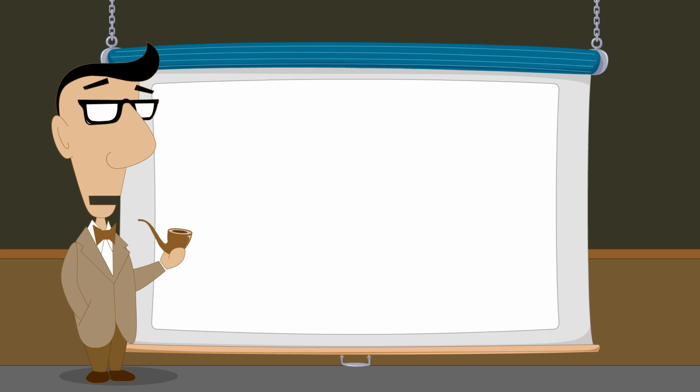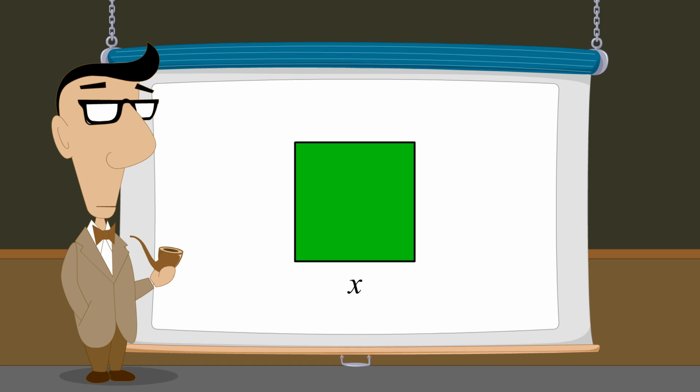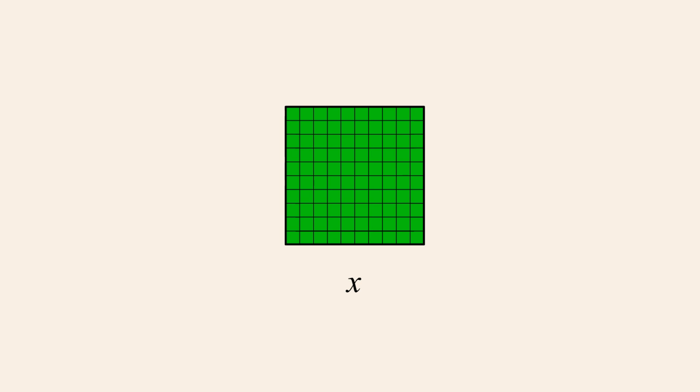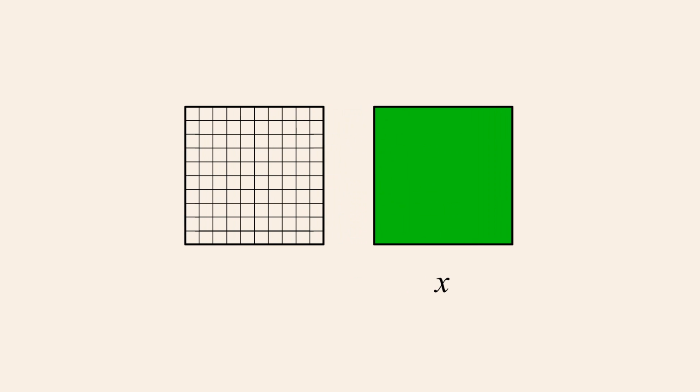To understand percentages visually, let's start with the quantity x, which can be divided into 100 equal divisions. We can visualize 1% of x as 1/100th of x, or one division.